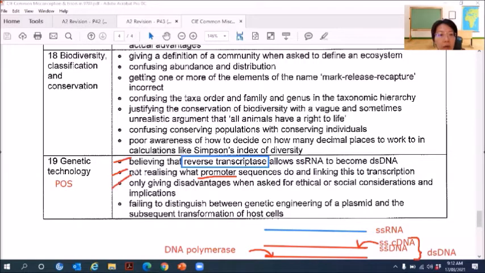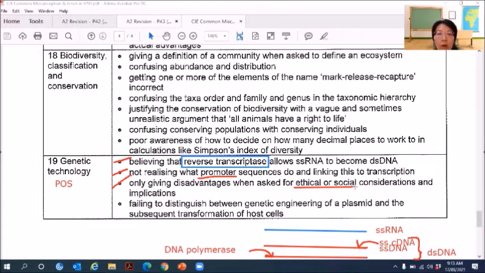Next, only giving disadvantages when asked for ethical and social consideration and implications. So this is a very important topic that you need to learn up and be familiar with. Okay, in this chapter, you learn a lot about the application of gene technologies in terms of genetic engineering, gene therapy, genetic fingerprinting.